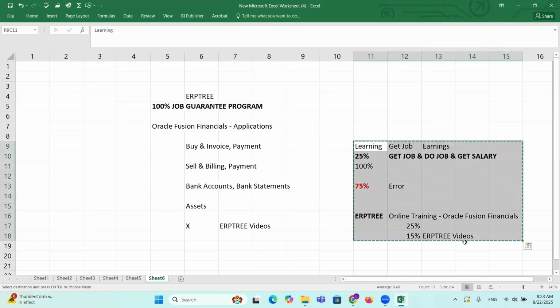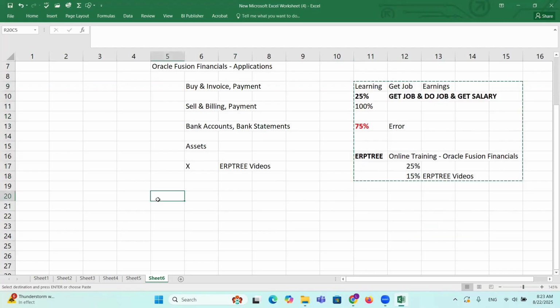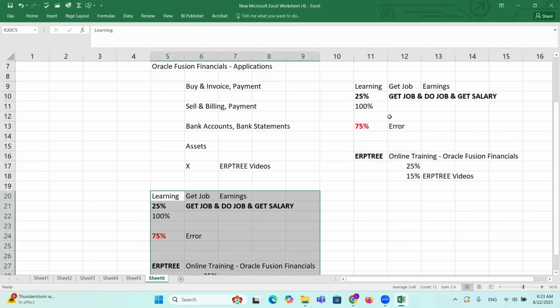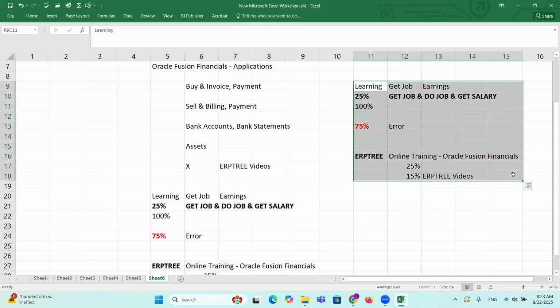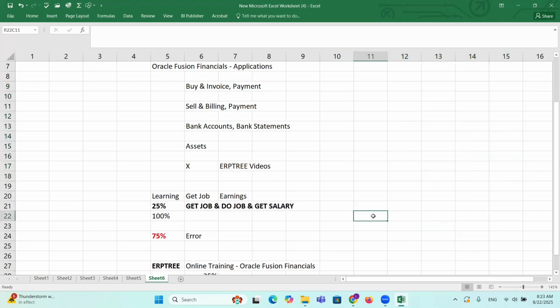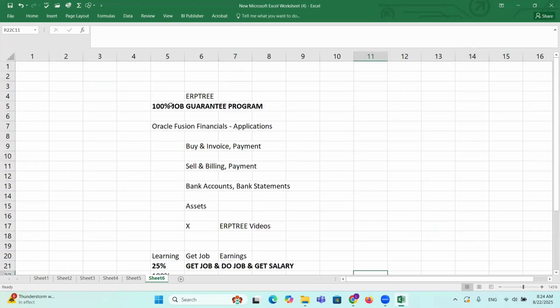Let me move this data here. Why is it not effective learning? When will the 25% become effective learning? The reality is, when you learn this 25%, how do you learn? You attend the classes, online or video based.